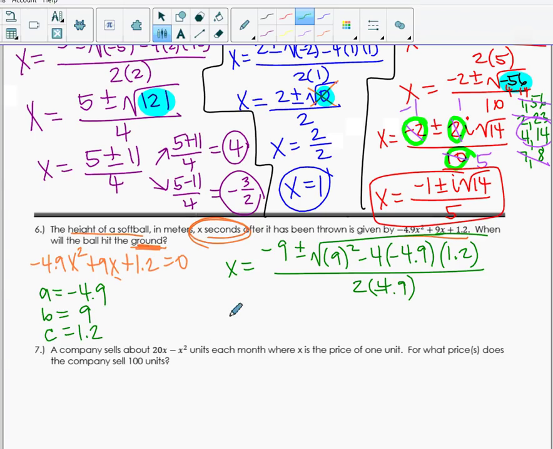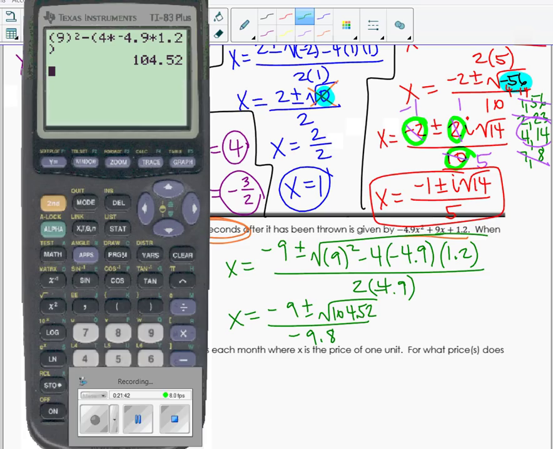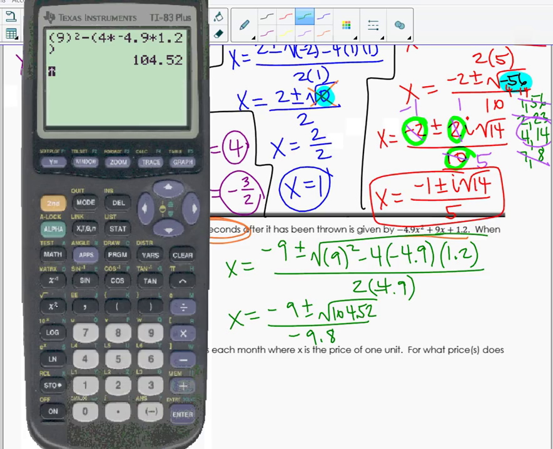So x equals negative 9 plus or minus the square root of 104.52. That's a positive, so I should get 2 real answers. 2 times negative 4.9 is negative 9.8. All right, so if you take the square root of 104.52, yikes, it's ugly.